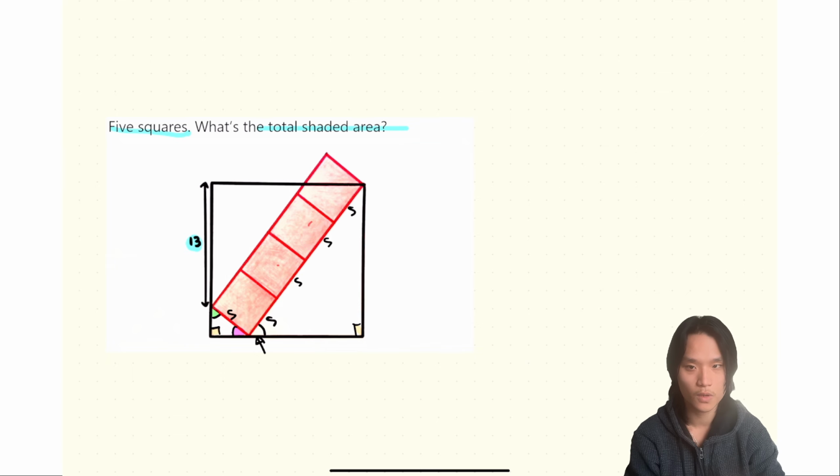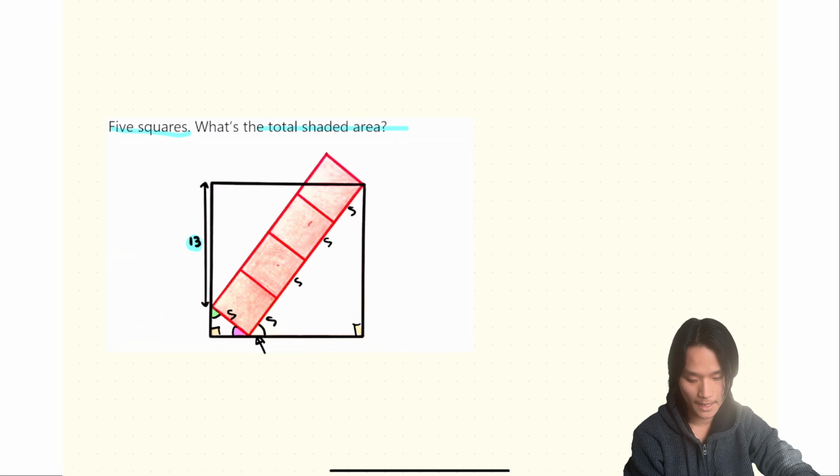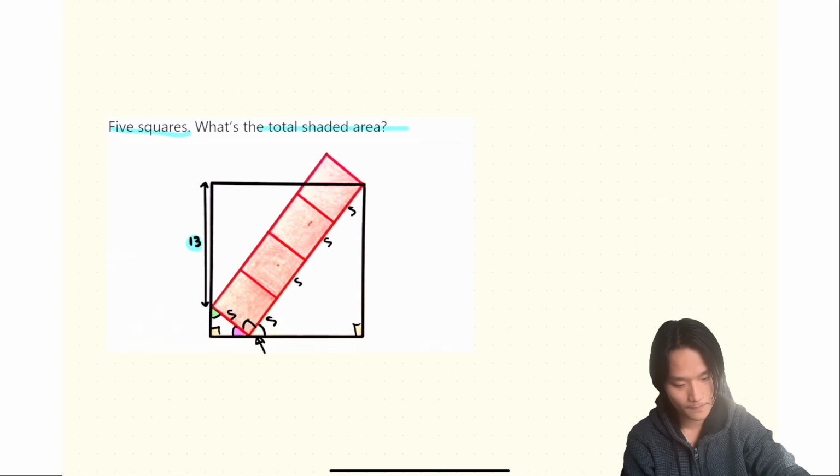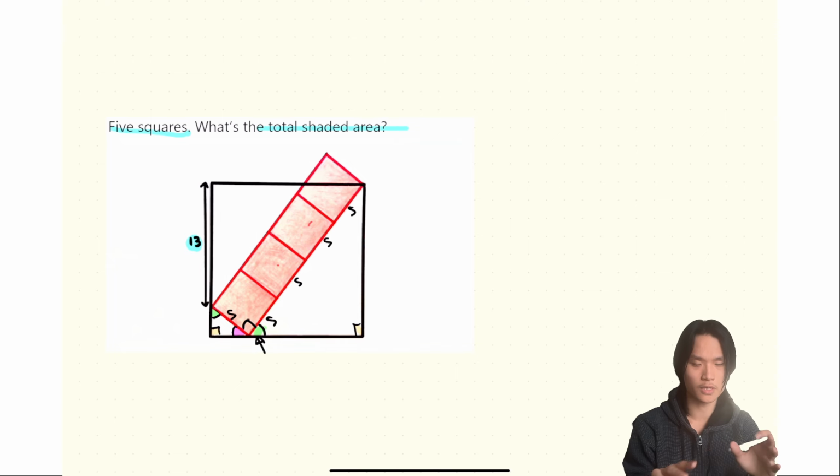So this angle is 180 minus the purple angle minus another 90 degrees, and that's equivalent to the green angle. I hope you see that, try and draw it yourself and play around with it.